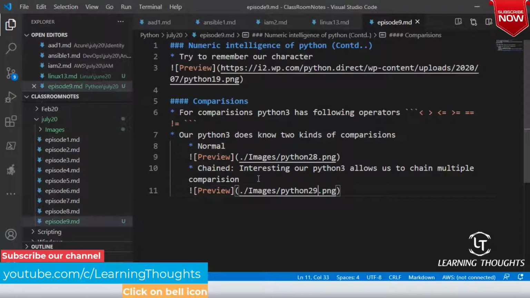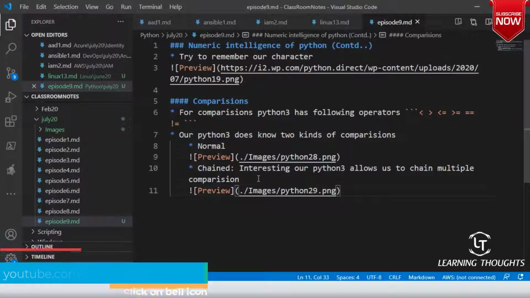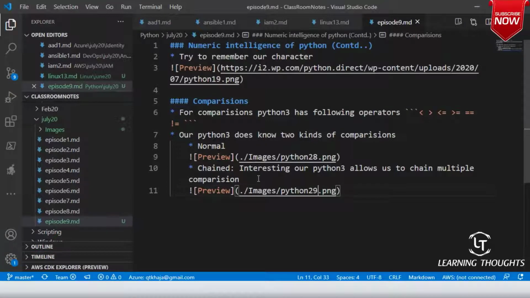Right. Now, let me try to speak about an interesting case. So what is that interesting case? Let me try to basically give you one simple example. Python can do integer precisions.